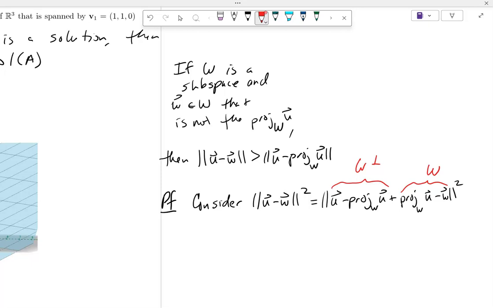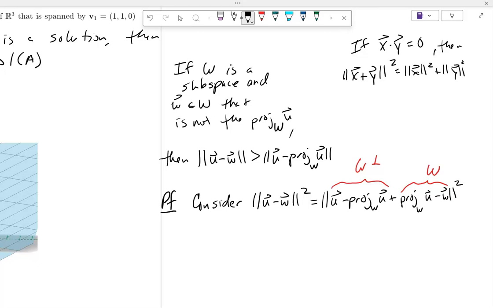Good news is that in any inner product space, the analog of the Pythagorean theorem holds. And you can prove it. If X and Y are orthogonal, then the magnitude squared of X plus Y splits up.